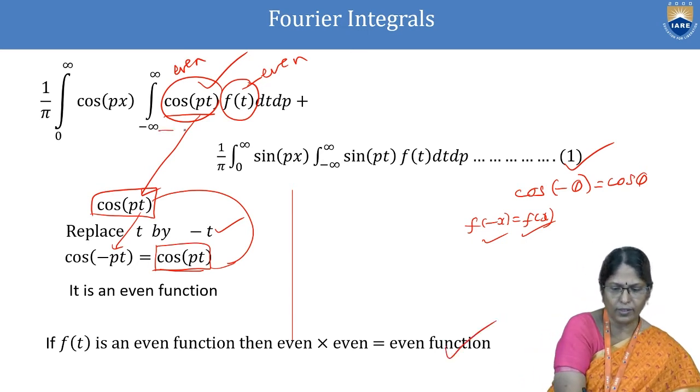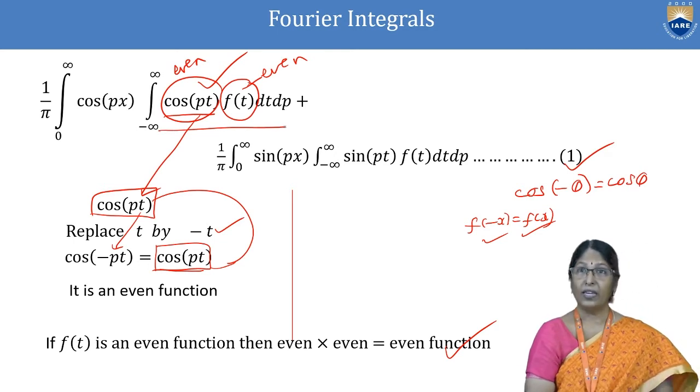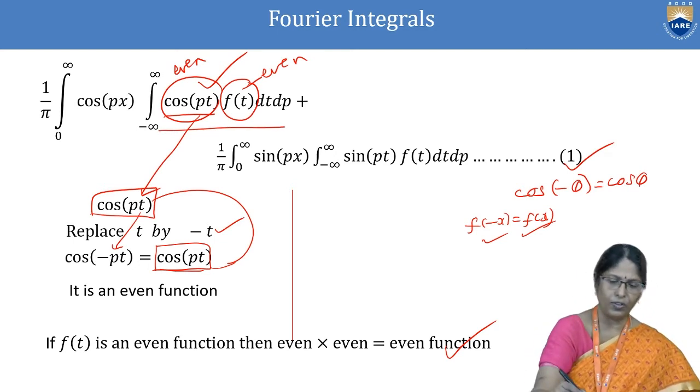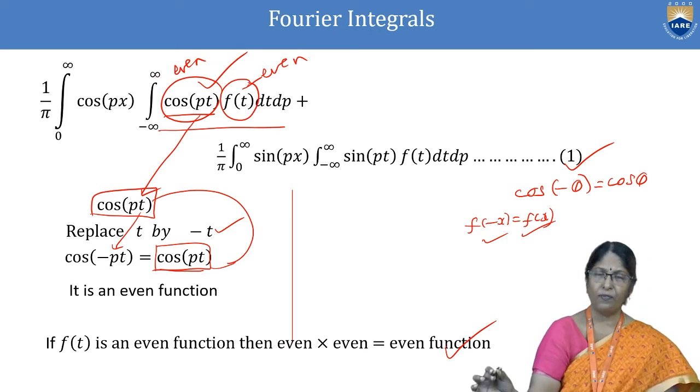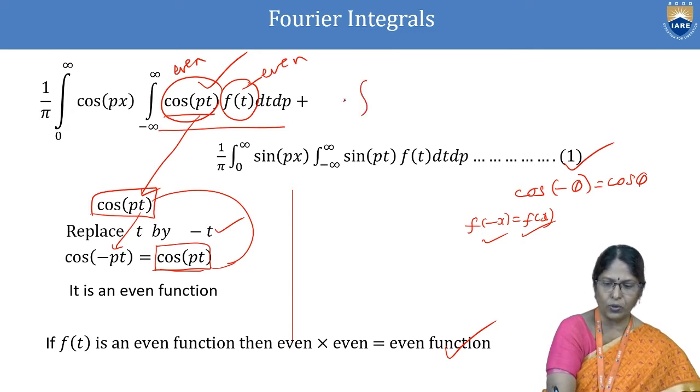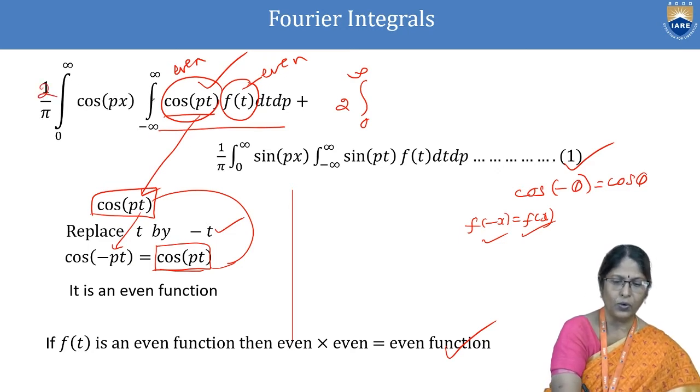So we know that if it is completely an even function, and we check this minus infinity to infinity, for the even function strictly, the integral will change into 2 of 0 to infinity. So the 2 we bring to the front, and the limit changes to 0 to infinity.